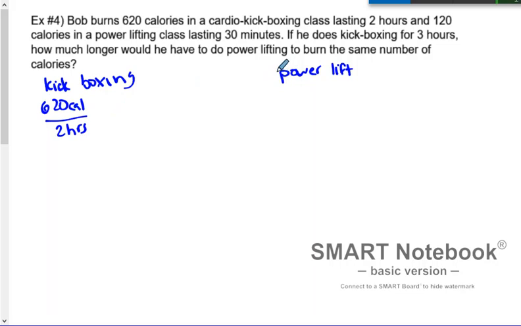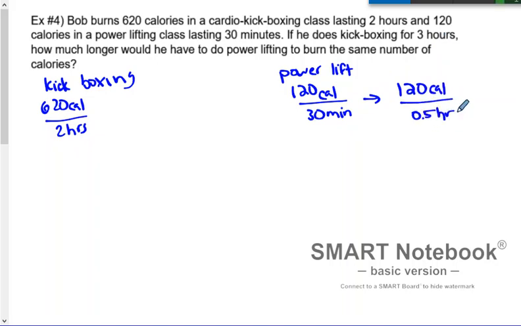And for our powerlifting, he burns 120 calories in 30 minutes. Now, I already see that I'm probably going to want to be working in hours. So instead of saying 30 minutes, it's half an hour. So actually 120 calories in half, or 0.5 of an hour. All right, so that'll be a little bit nicer to work with.